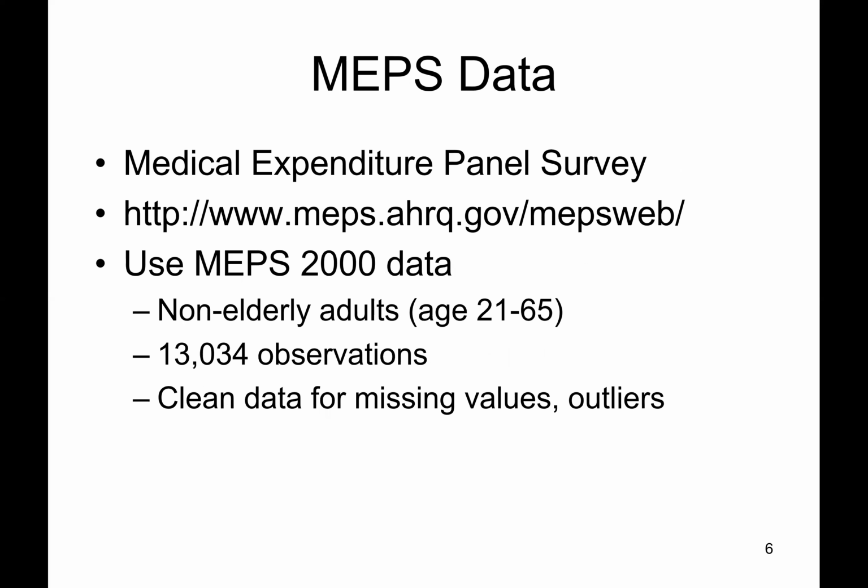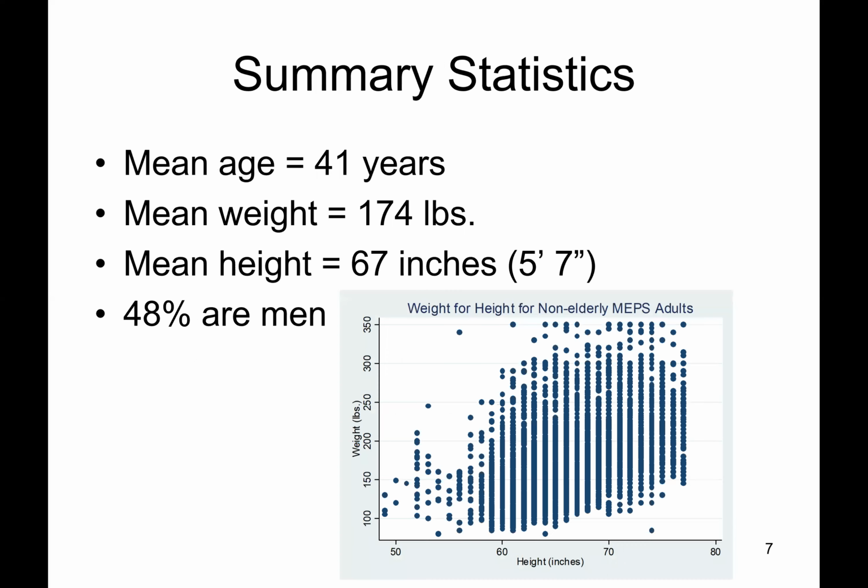So we're using MEPS data, which I alluded to just a moment ago. It's from 2000. We're looking at non-elderly adults, so between the ages of 21 through 65 in this particular context. We've got a little bit over 13,000 observations in the data set, which is a pretty nice survey size. And we've got it cleaned up just a little bit so that we don't have missing values or funky values that look like outliers that don't really belong.